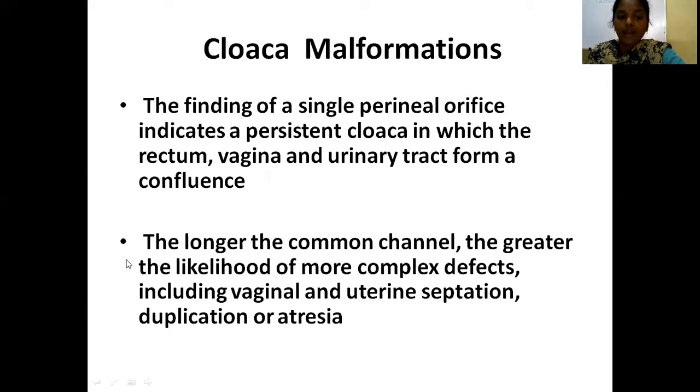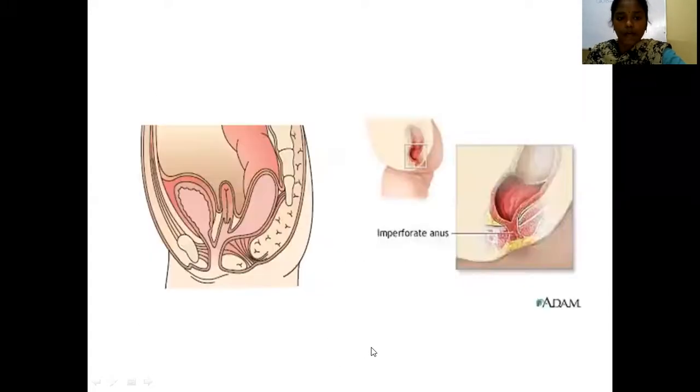By this time, you might have understood that the development of the hindgut, urinary system and genital system is all from a common area. So a defect in one system like the hindgut is most of the time associated with anomalies of the genital system and urinary bladder.